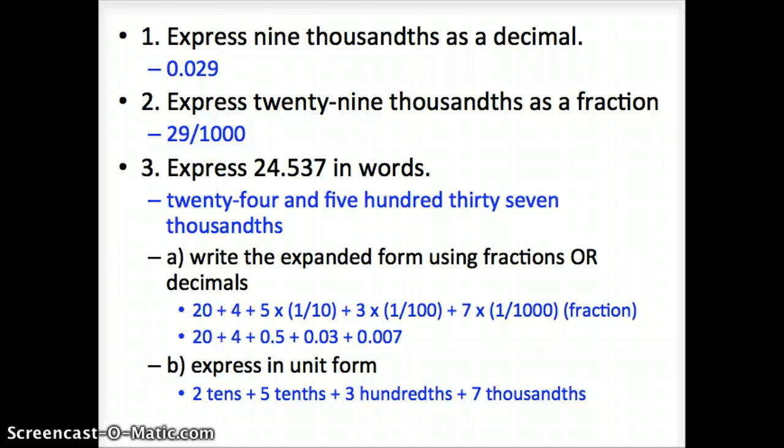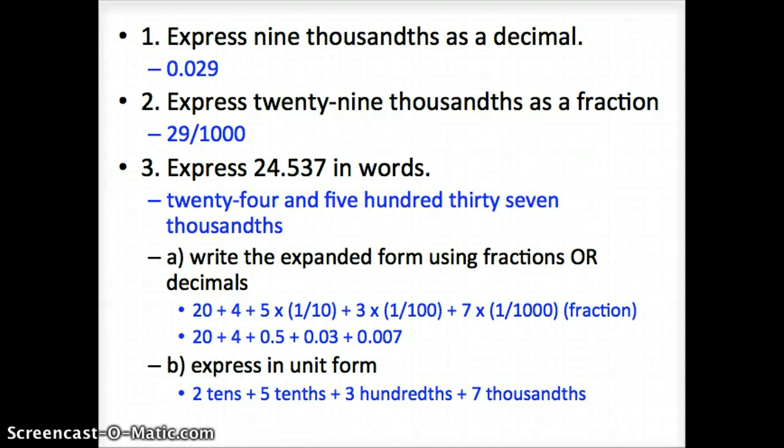3A. Expanded form in fractions, you have 20 plus 4 plus 5 times 1/10 plus 3 times 1/100 plus 7 times 1/1,000. Or in decimal form, you have 20 plus 4 plus 0.5 plus 0.03 plus 0.007.